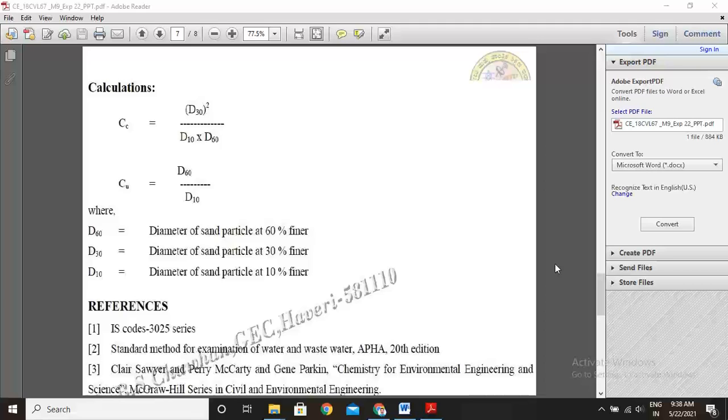Substitute the values here to get Cc. Similarly, calculate Cu with the formula D60 by D10, where D60 is the diameter of sand particle at 60% finer, D30 at 30% finer, and D10 at 10% finer. Substitute the values in this formula. Based on Cc and Cu you classify which type of filter sand is required.